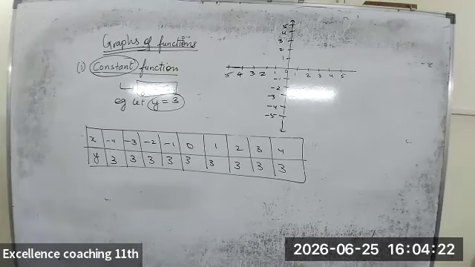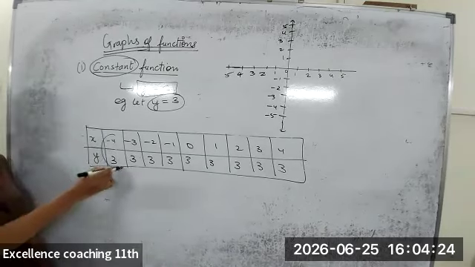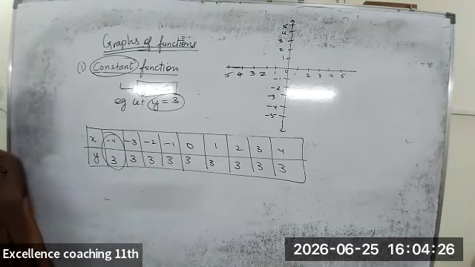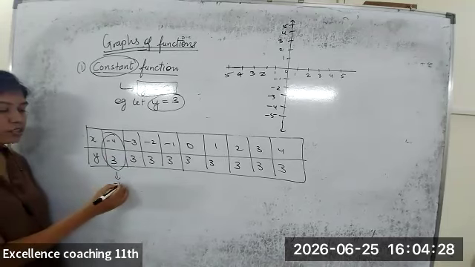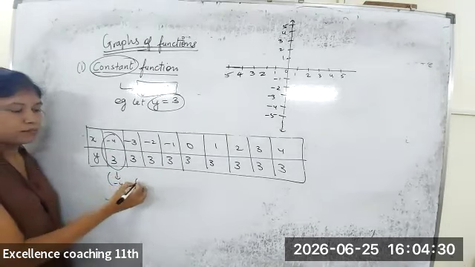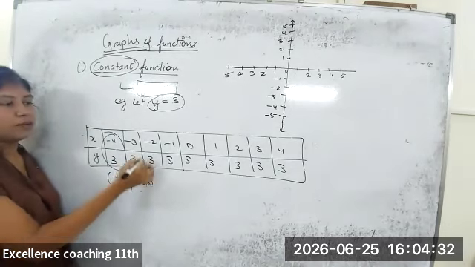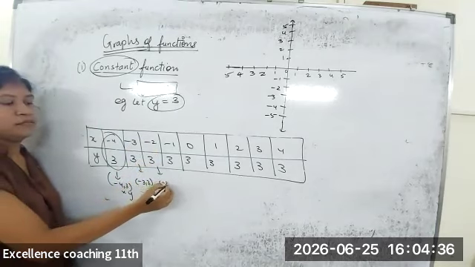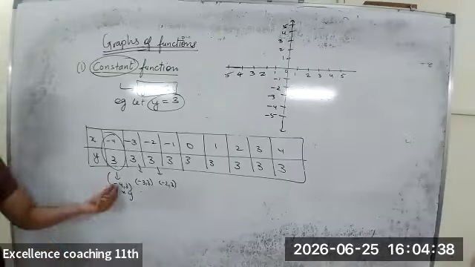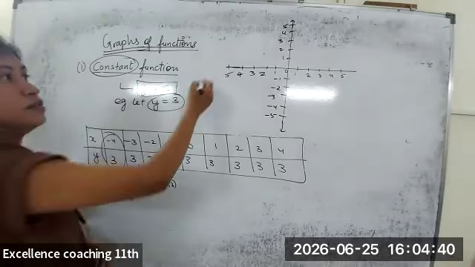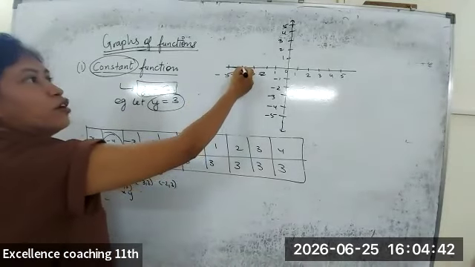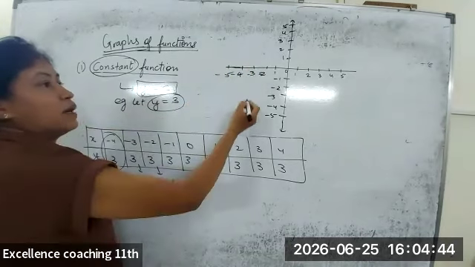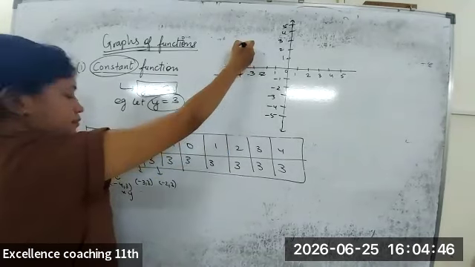Okay. Now, these are your points, no? X comma y, -4 comma 3. This is like a first point. -3 comma 3 is your second point. X comma y. Coordinates. Start plotting these points. When x is -4, what is the value of y? -3. Oh, sorry, 3.